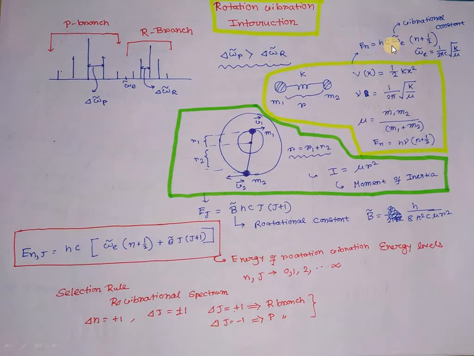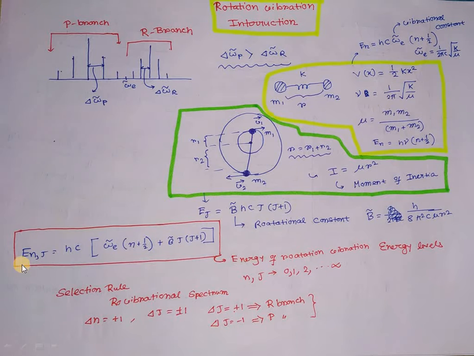And this omega e bar term is called the vibrational constant, similar to this B bar term, which is called the rotational constant. Now what happens if the atom vibrates as well as rotates, both things happen? In that case the energy expression will be the combination of these two energies.